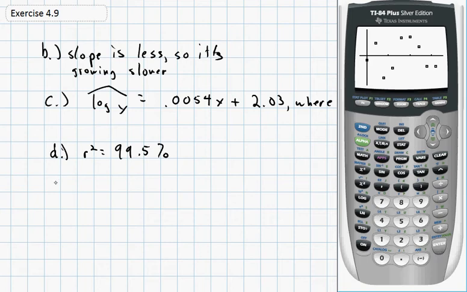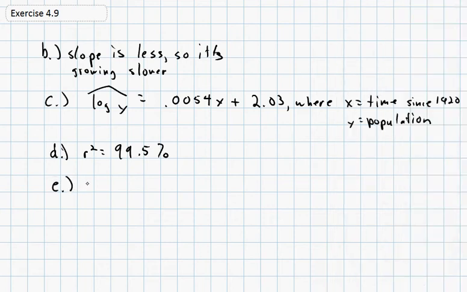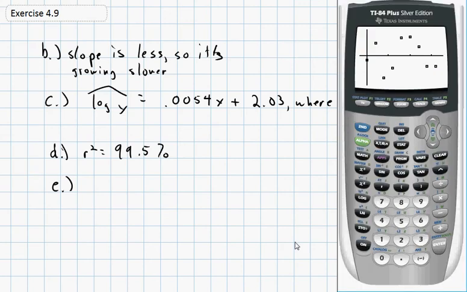So that's good. So finally, part E says to use the model to predict the population in the year 2010. Well, the year 2010 is going to be 90 years since 1920. So I'm going to plug in 90.